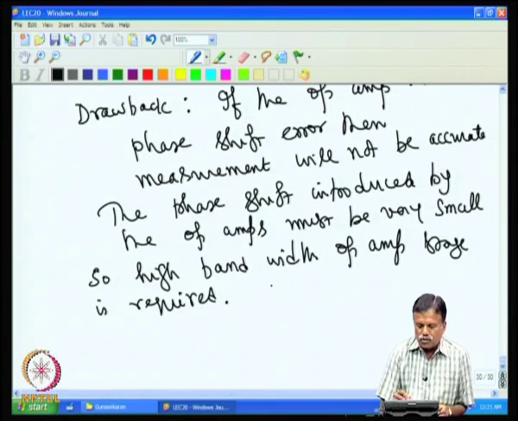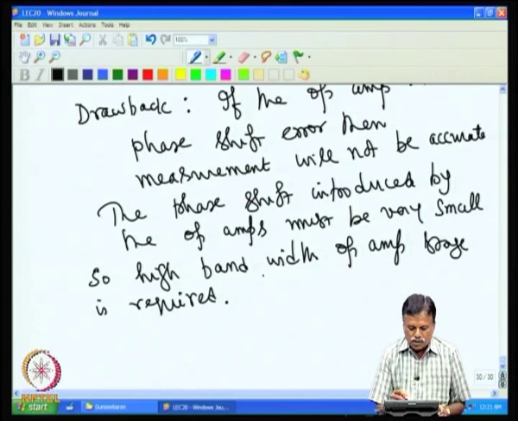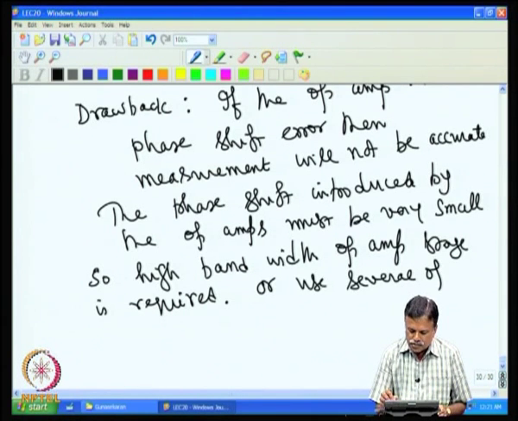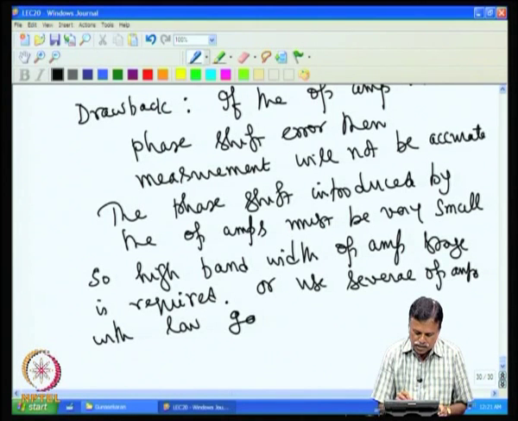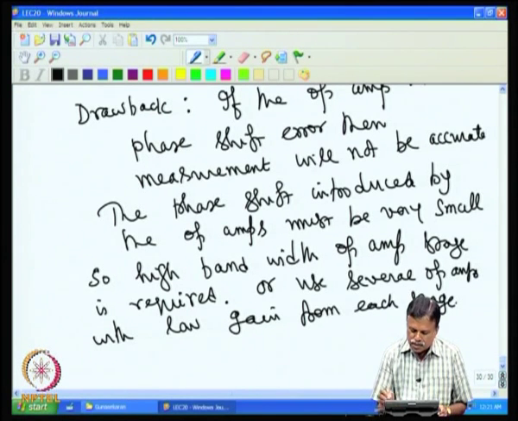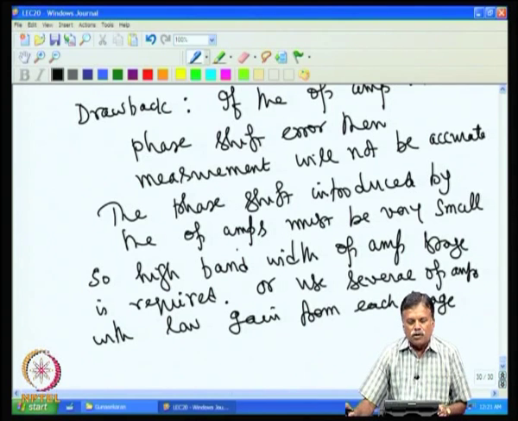Alternatively, use op amps with low gain, use several op amps, each one with low gain in each stage. We will be discussing this a little later, how to reduce the phase shift produced by the op amp.